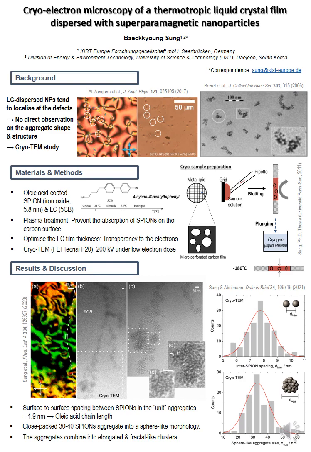This poster presents a cryo-transmission electron microscopy study on the visualization of aggregated superparamagnetic nanoparticles dispersed in a nematic liquid crystal matrix. Liquid crystals are a type of soft matter which exhibit orientational and/or positional order while simultaneously maintaining fluid-like properties.